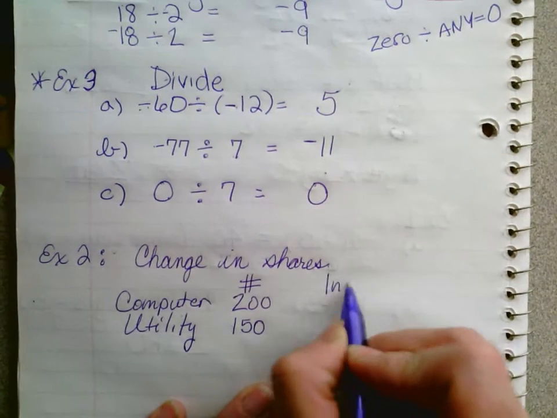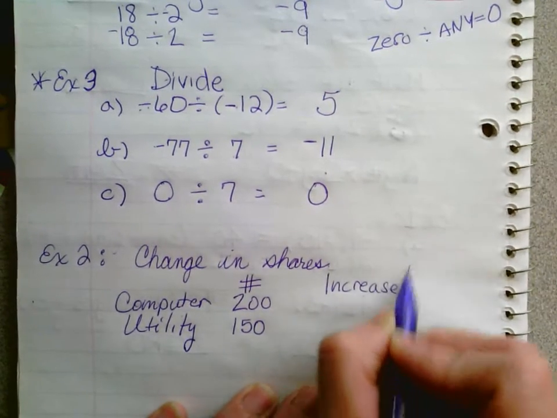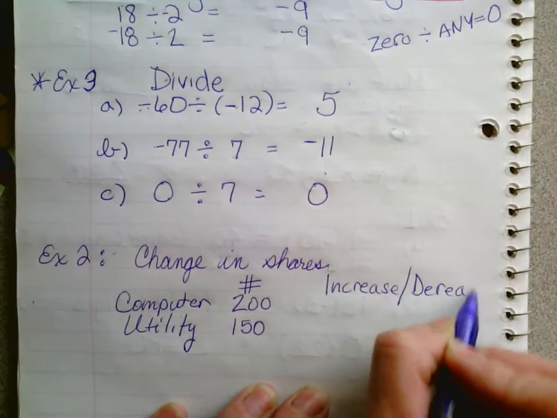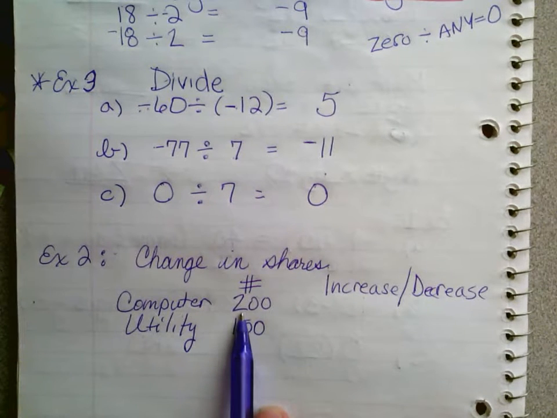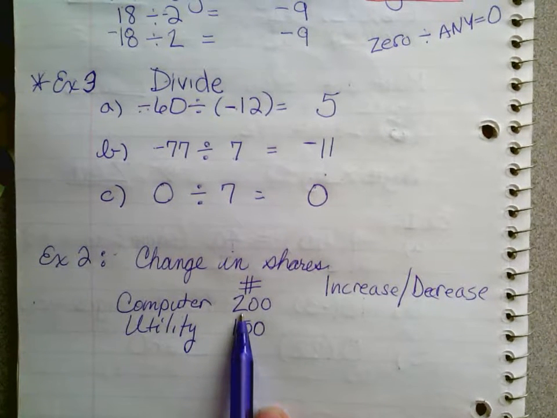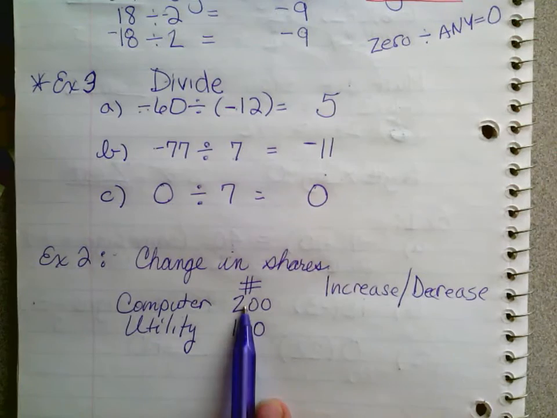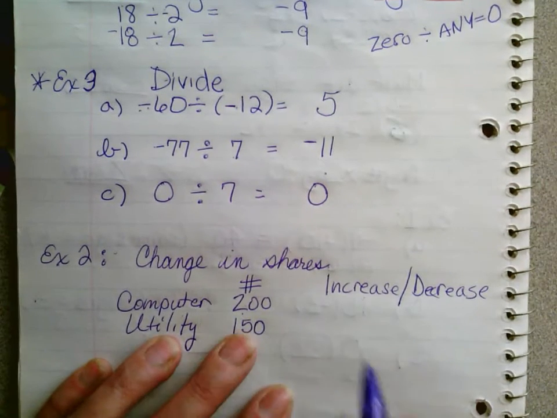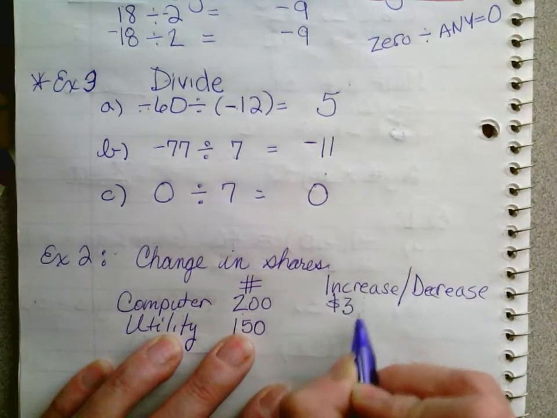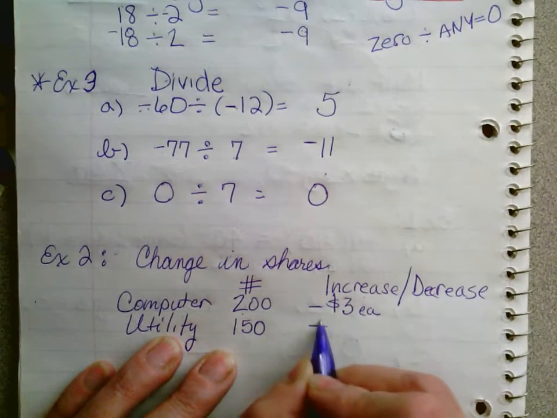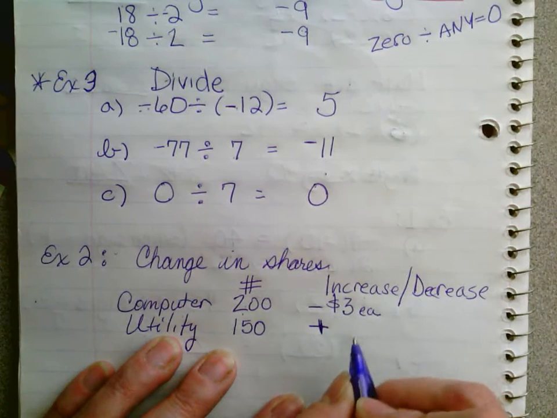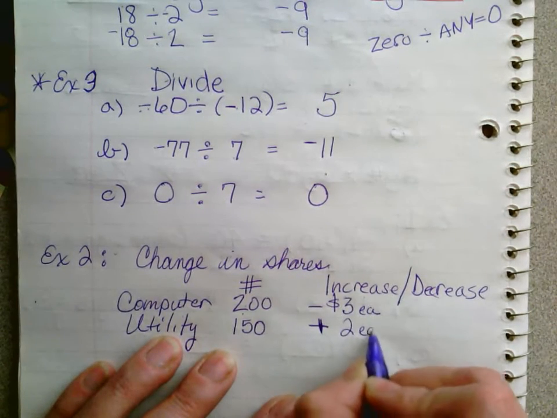The increase or decrease for each one is indicated by whether or not it's positive or negative. So the computer shares appear to have decreased $3 each, and the utility shares appear to have increased by $2 each.